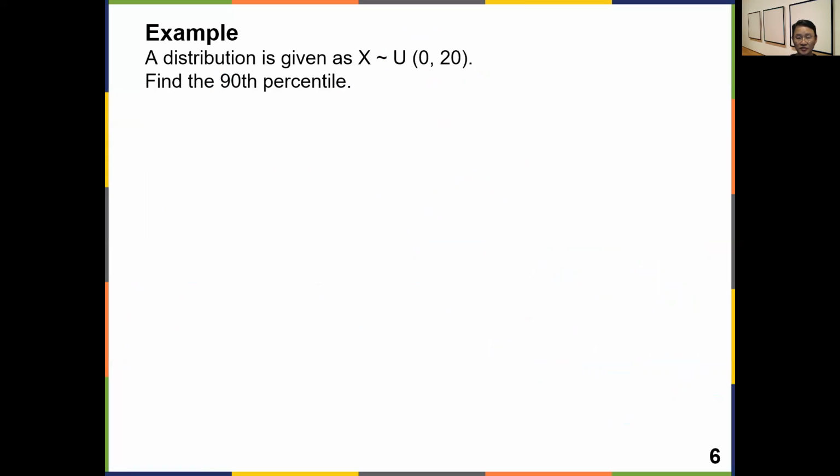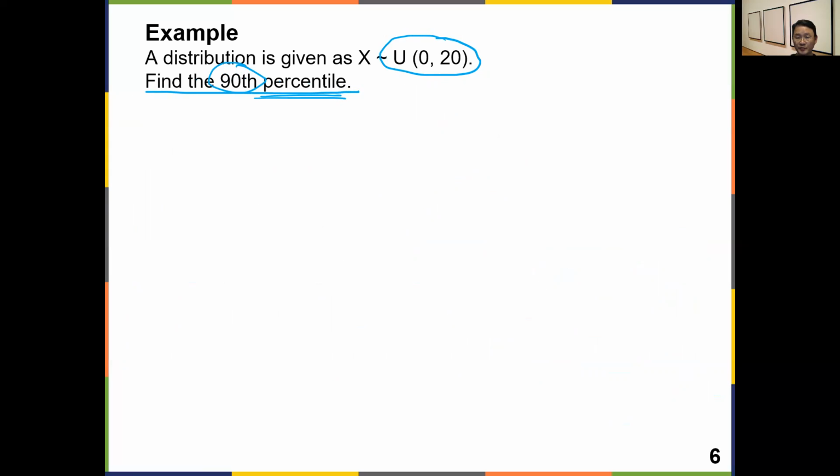Now let's discuss this example here. They say the distribution is given as this, the same distribution from 0 to 20. They say find the 90th percentile.